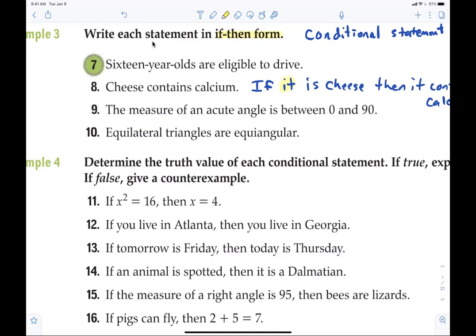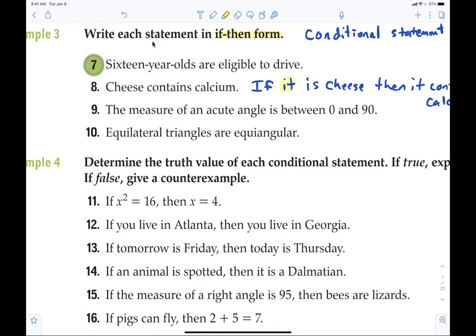All right, Abigail, you could help me with 10. What are we referring to? Triangles. Yes. Triangles are equilateral, and they're equiangular.